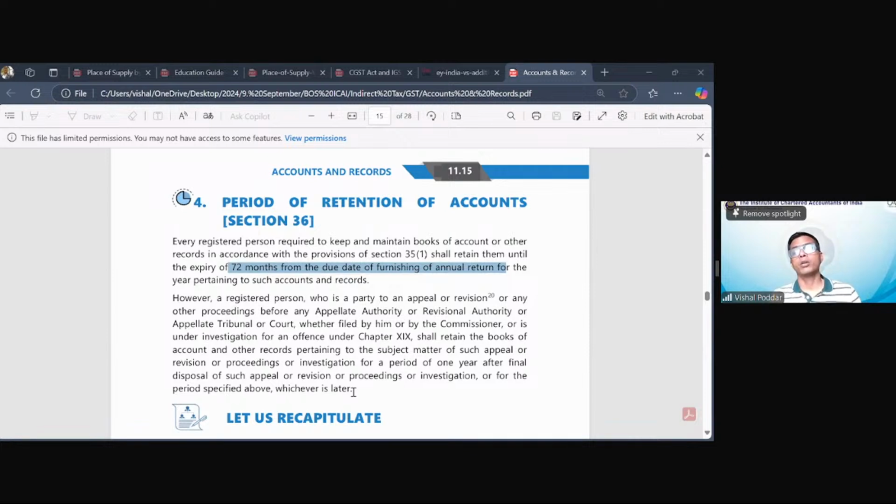Till when? Till this particular inquiry investigation is closed, and even after that, up to 1 year, you should preserve those records. After closure of your inquiry, investigation, appeal, etc., after 1 year, you can destroy the records, and that should be fine.